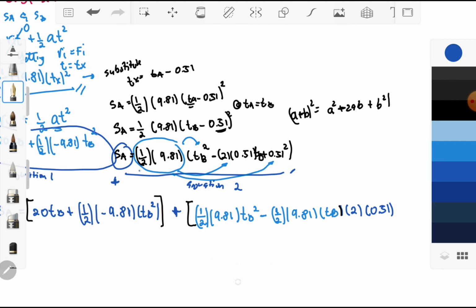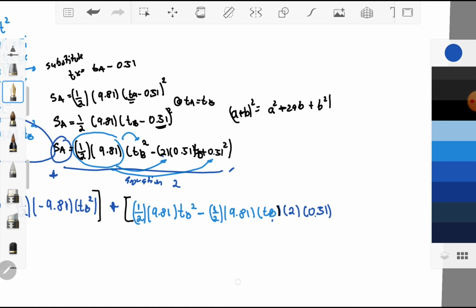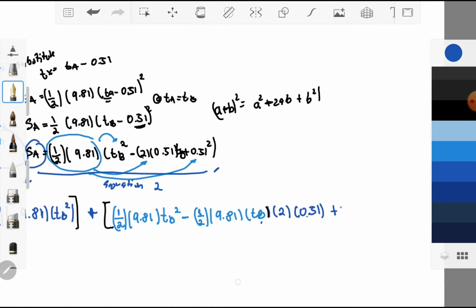So checking the numerical value: 1/2 times 9.81 multiplied by your TB multiplied by 2 multiplied by 0.51, plus 1/2 multiplied by 9.81 multiplied by 0.51 squared.